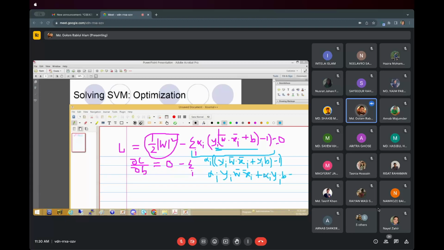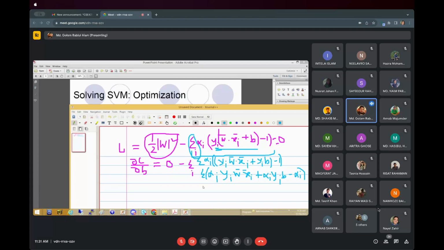Minus 1, here is alpha I, that means alpha I minus alpha I. But we have the summation here. Okay, the summation symbol. So here is the summation.